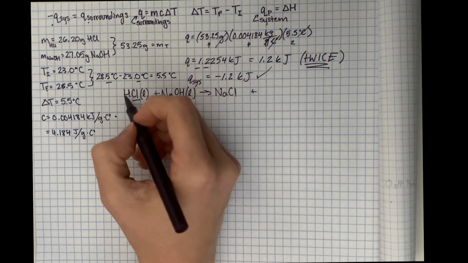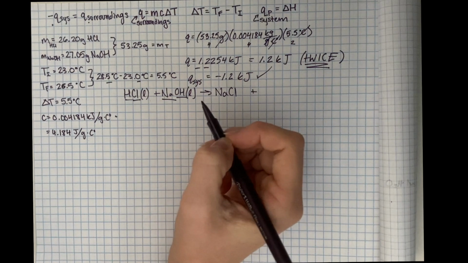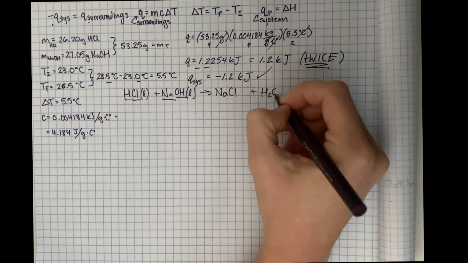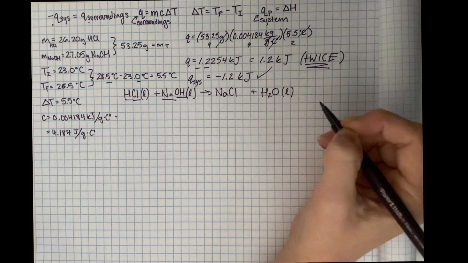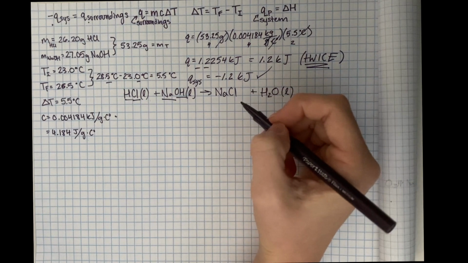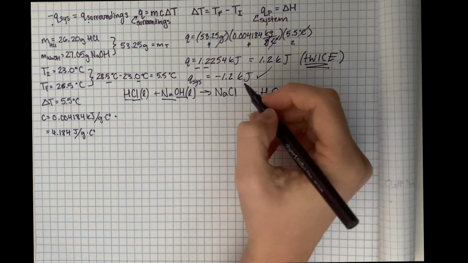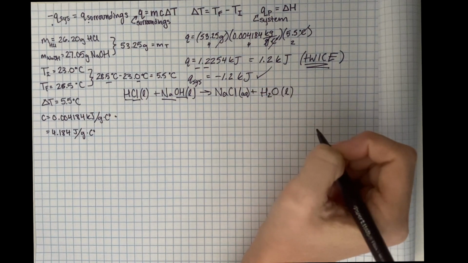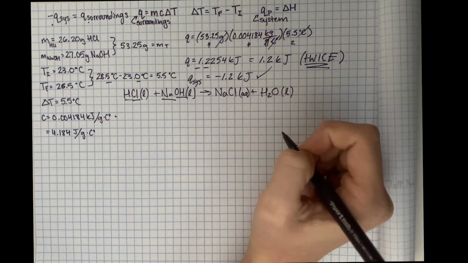So that's going to be H plus and OH minus, which when we write it better is just H2O. We know H2O to be a liquid, and if we looked at a solubility table, we could determine this, but you should also know this just from general life. NaCl, or salt, dissolves in water, so it's going to be aqueous.